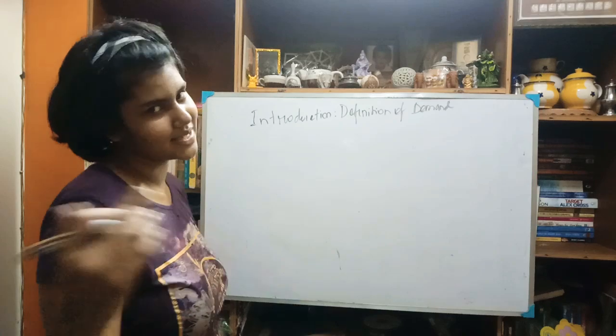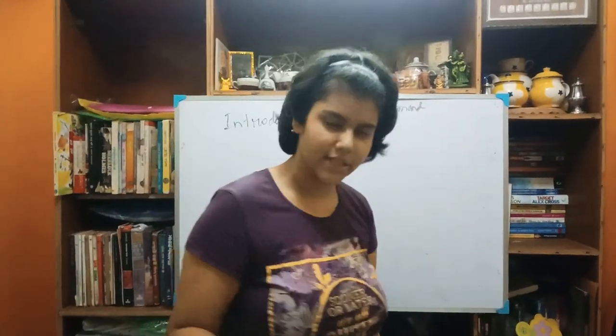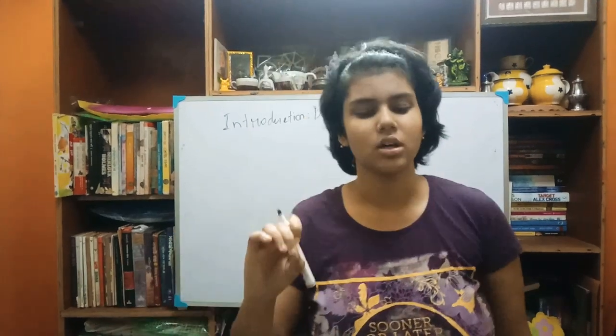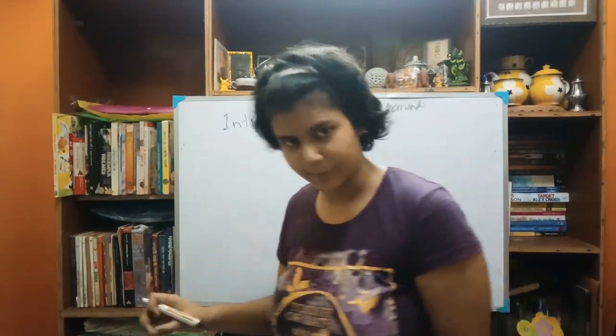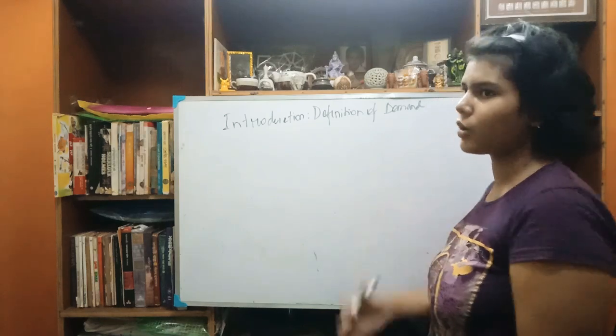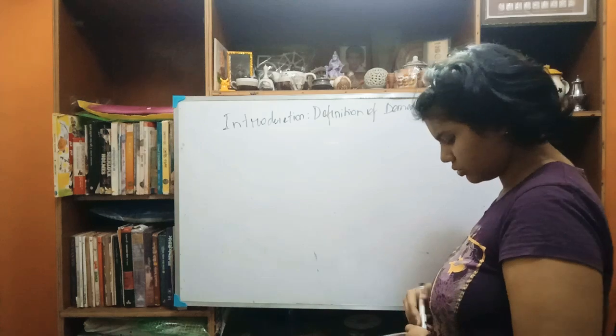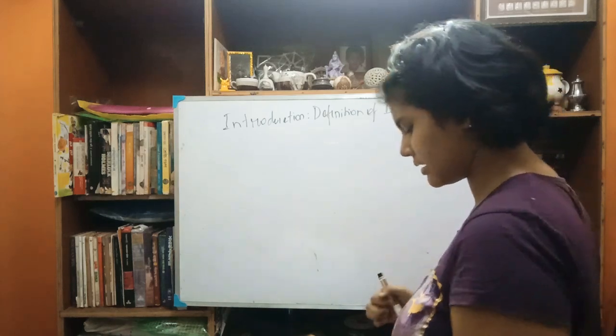Then we have one line, the same as the heading: Demand for a particular commodity depends on the following factors. Please put in that line after this introduction, and then we will go into the factors affecting demand. Now, the first factor is own price of the commodity.